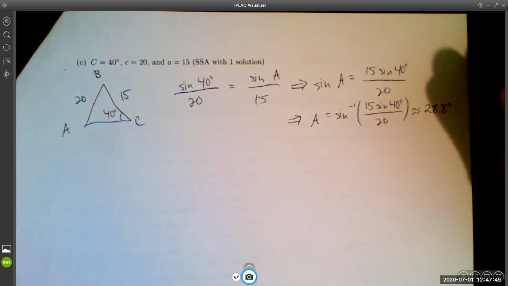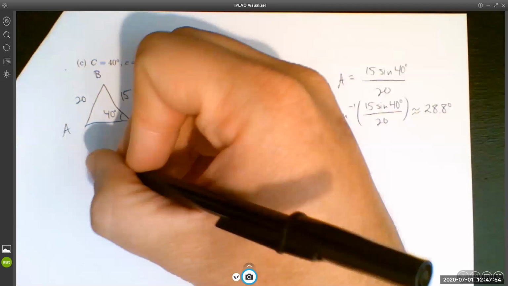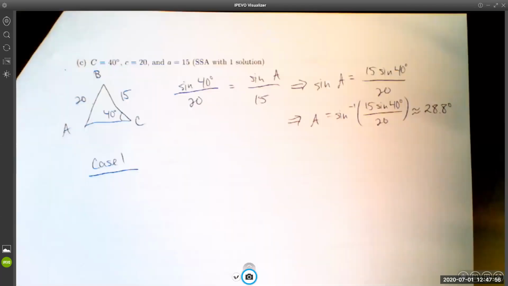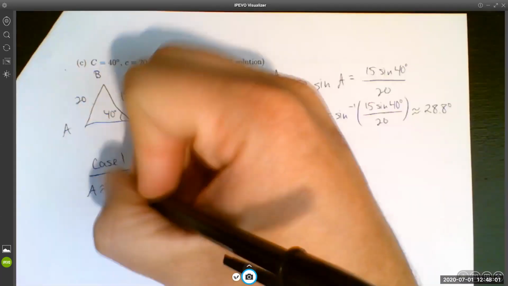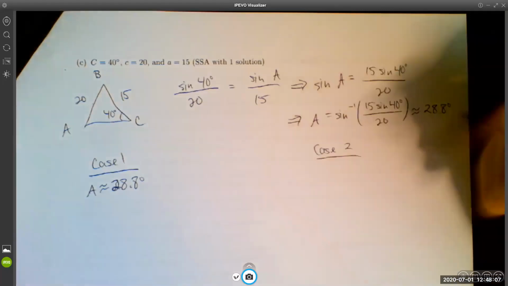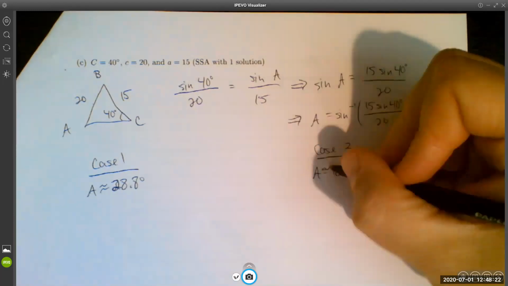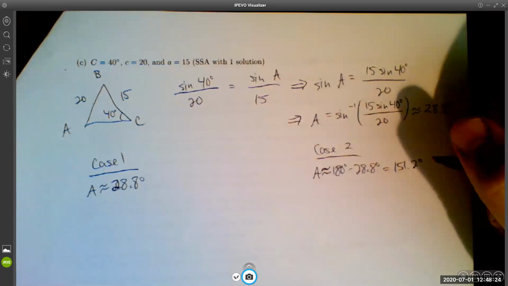Okay, so that is case one, right? So case one is that A is about 28.8 degrees. Case two is that A is 180 degrees minus 28.8 degrees, or approximately 151.2. Now we have to check this, right?